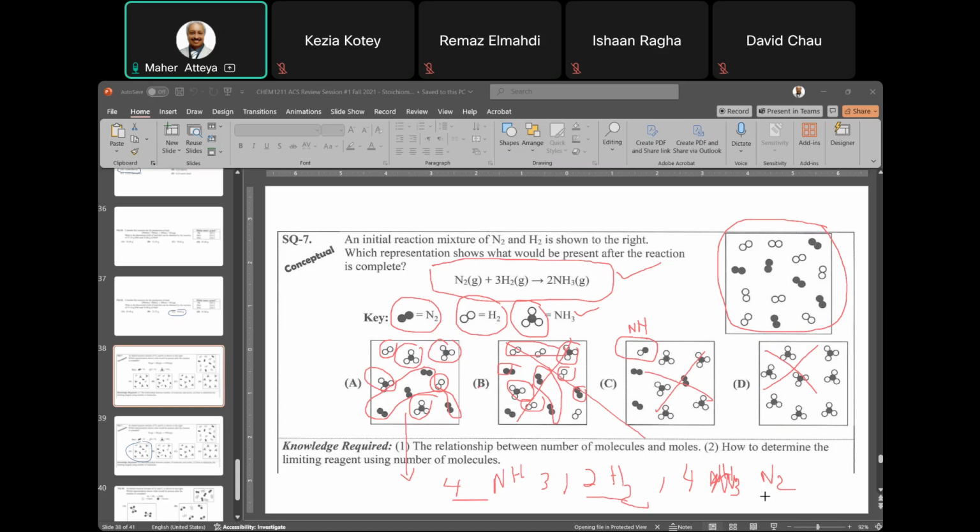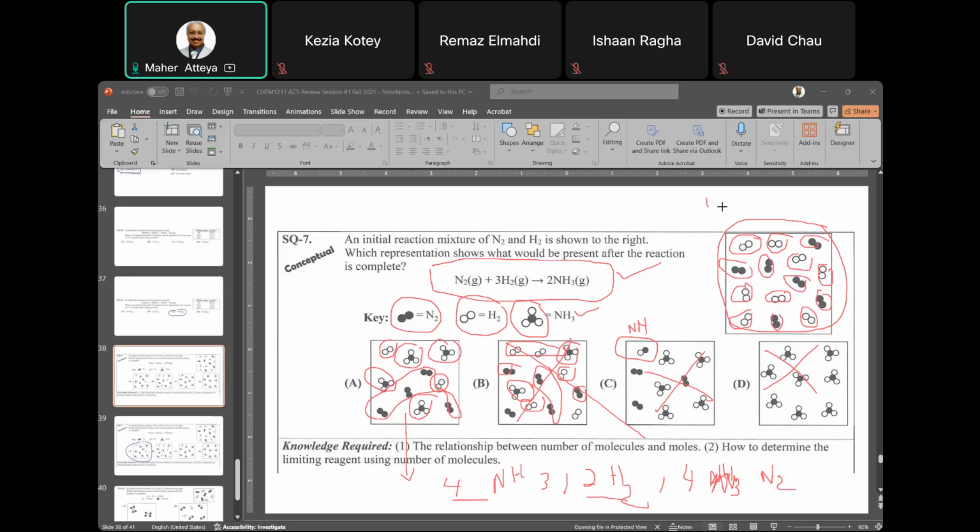Then you go back to your original picture and add up all the hydrogens: 1, 2, 3, 4, 5, 6, 7, and 8. And the nitrogen is 1, 2, 3, 4, 5, and 6.